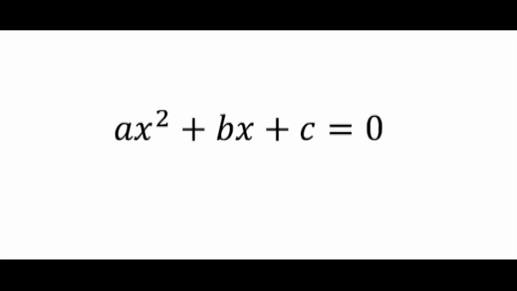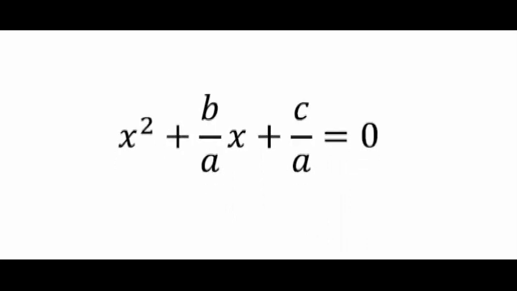So the first step we're going to do to try to simplify this equation here is we're going to divide everything by a in order to get a coefficient of 1 on the front. So we're going to divide this by a, this by a, this by a, and 0 by a. So we're going to divide both sides by a, and that looks like this. So the a divides out to 1.